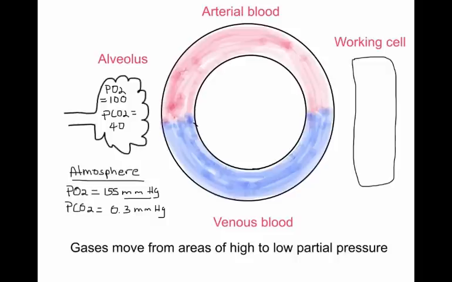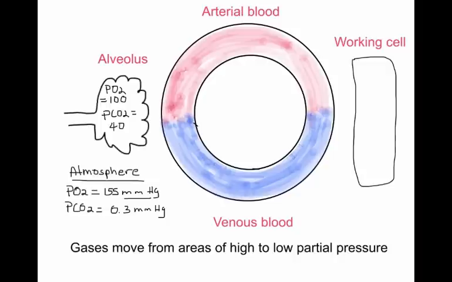Okay, let's look at the partial pressures of oxygen and CO2 around a working cell. So this is a drawing for a person who's maybe just sitting around, kind of at rest, but obviously lots of your cells are still working, the sodium potassium ATPase, and pumping your blood around your body. So it's not an exercising person, but a resting person.